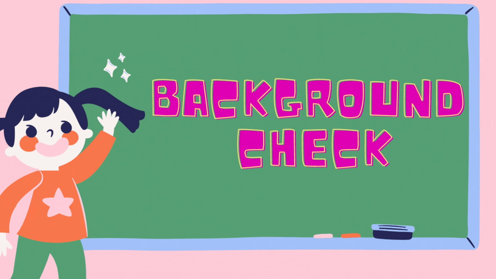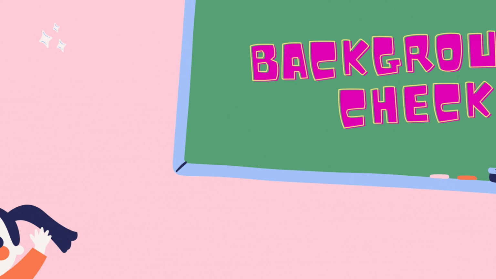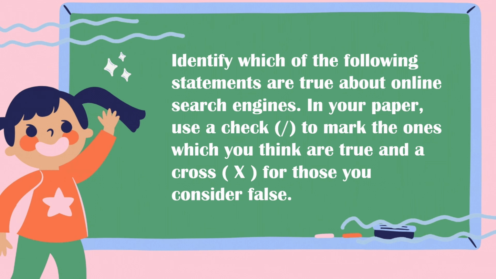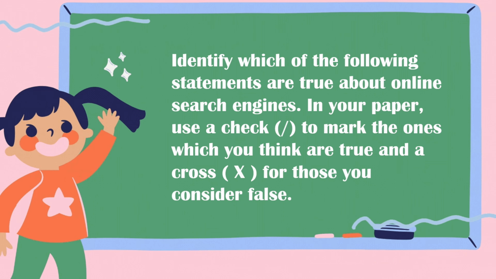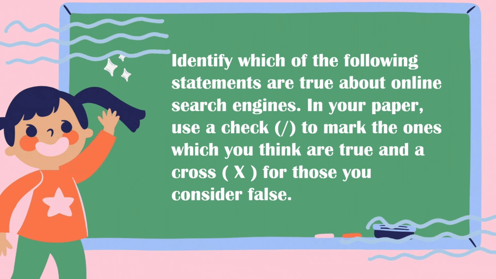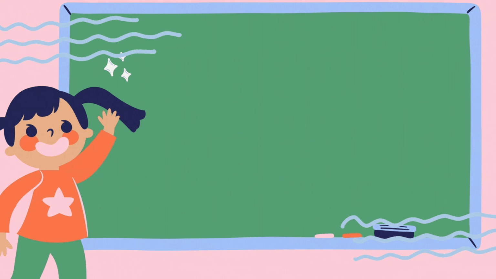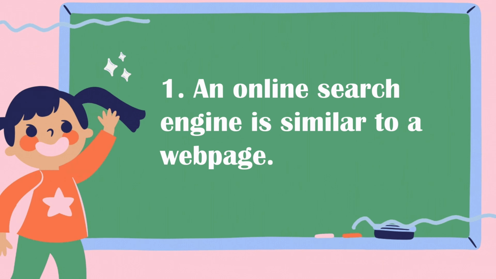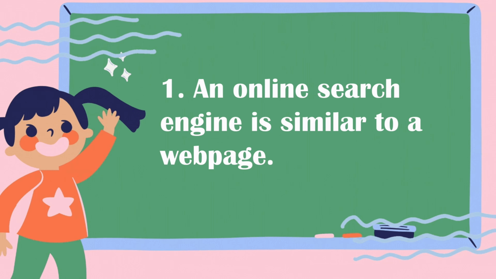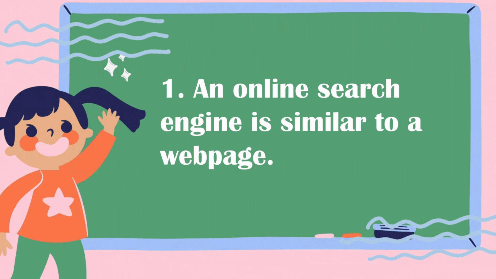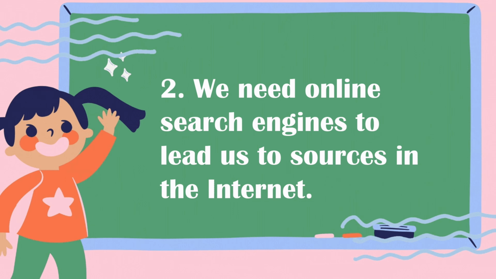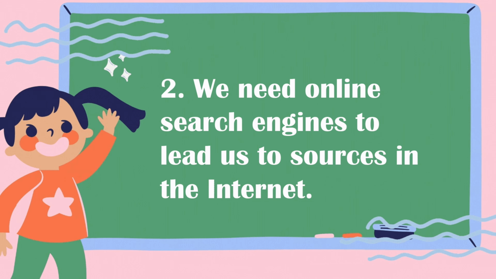Now, let us check your background knowledge on this topic. Identify which of the following statements are true about online search engines. In your paper, use a check to mark the ones which you think are true and cross for those you considered false. Number 1. An online search engine is similar to a web page. Number 2. We need online search engines to lead us to sources in the internet.